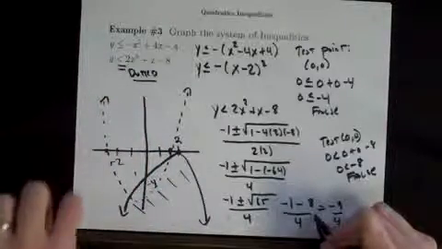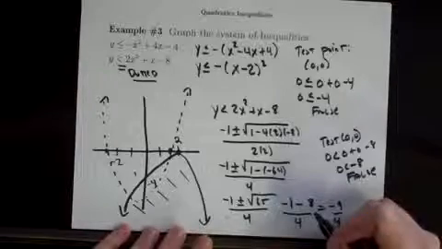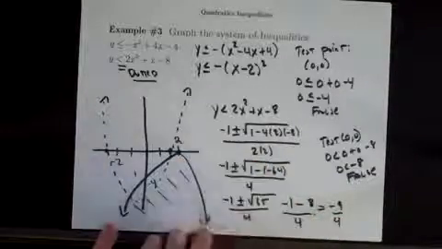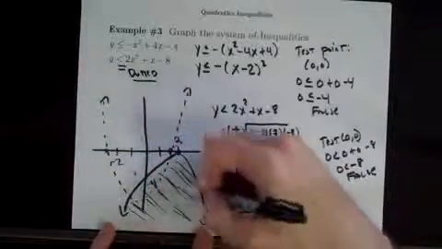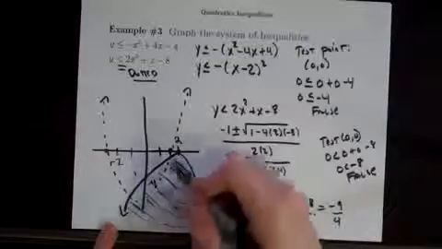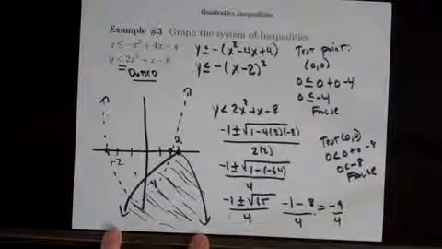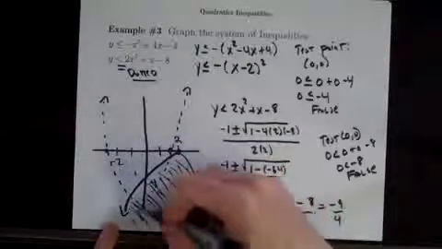You're going to shade everything on the outside. But since you want the intersection, the answer is going to be all of the area in here. Technically, guys, it doesn't include this dotted line, but that would be really hard to express. But the answer is the overlapping space, and there it is.